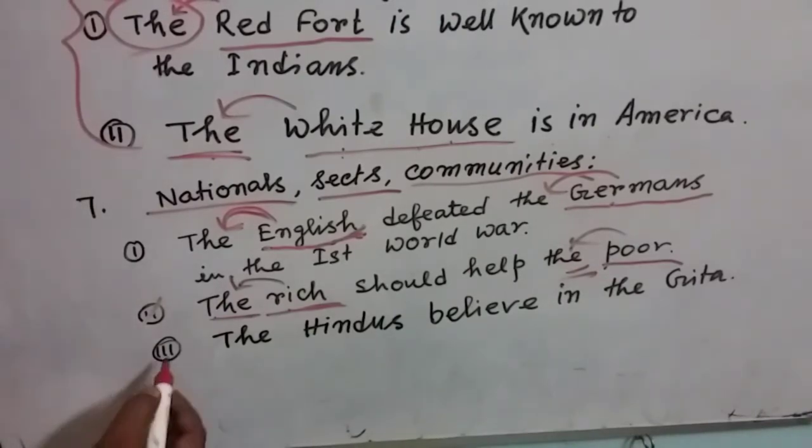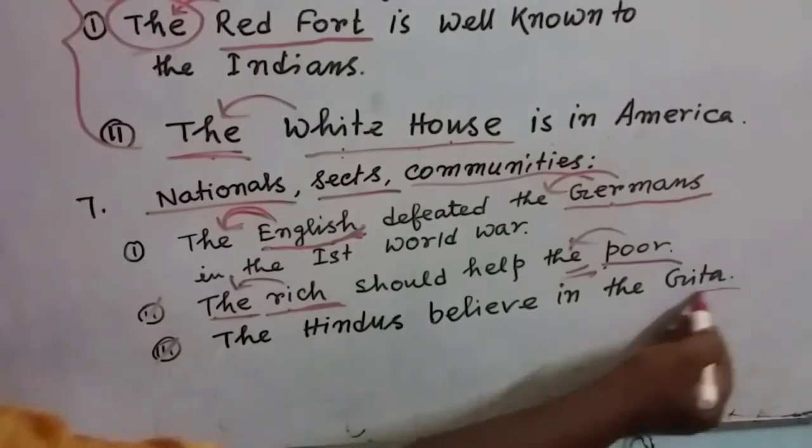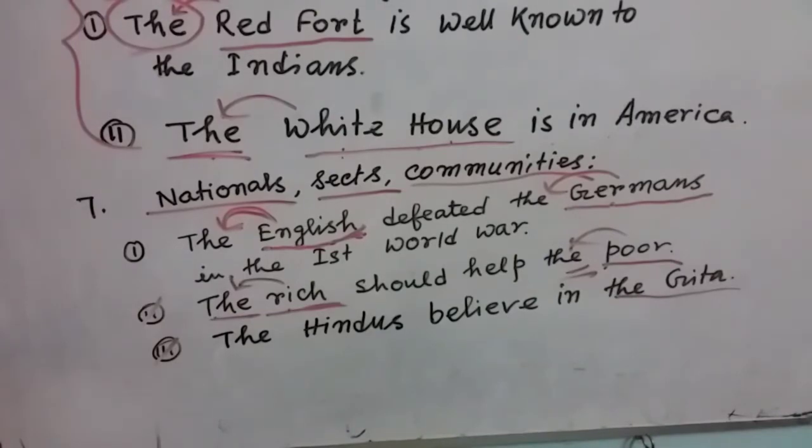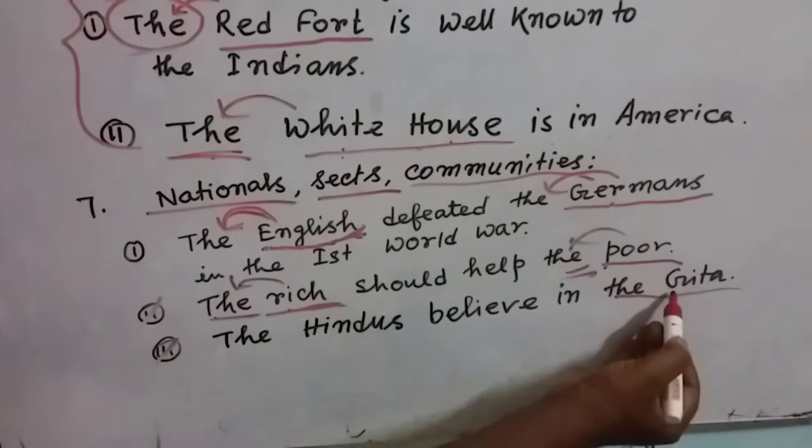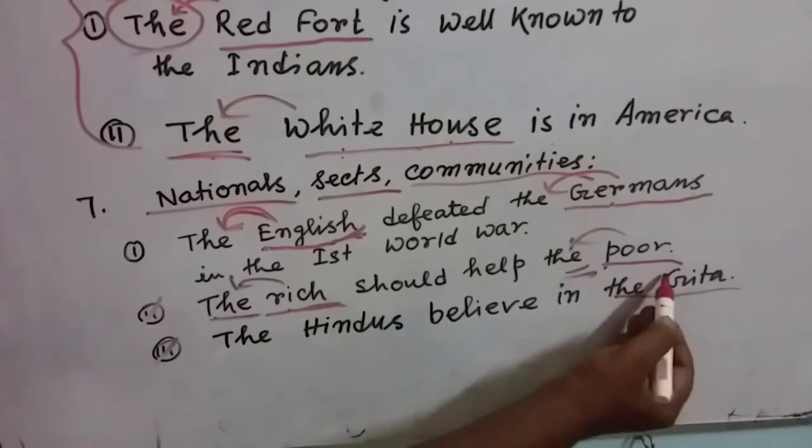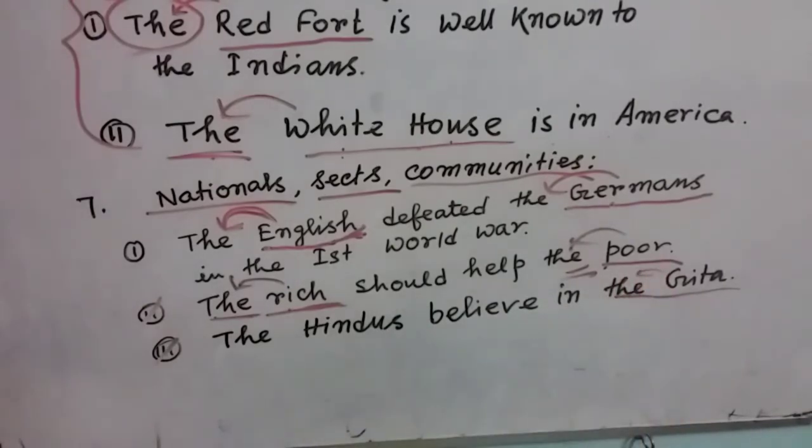Now my dear friends, in the third example, we have written the Hindus believe in the Gita. The Gita is the holy scripture, the holy book for the Hindus. Before the names of scriptures, we have to use the, and we have done the same thing.